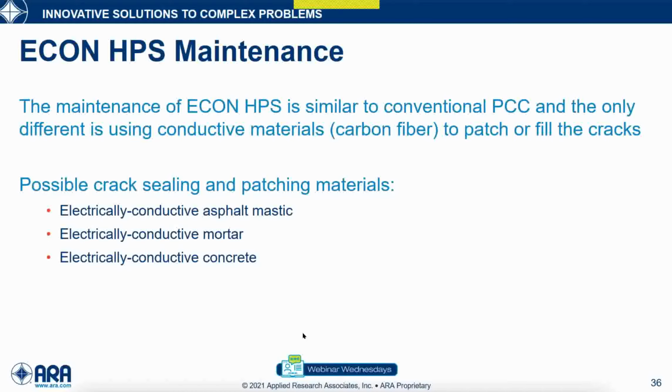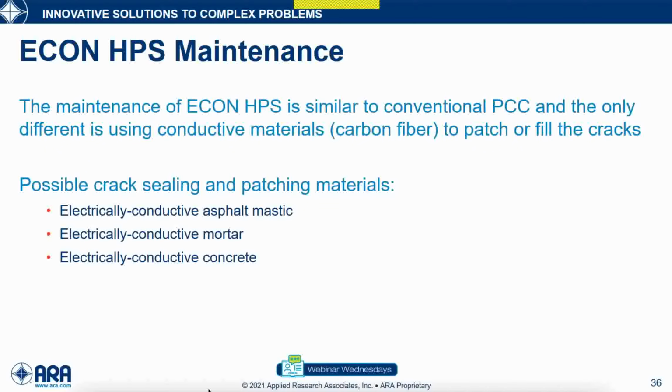So in terms of maintenance, we can follow the same maintenance practices as for normal concrete, but the only difference is that we can use conductive material to patch or fill the cracks. There are possible materials that we can use or develop, such as conductive asphalt or conductive mortar, depending on the situation.